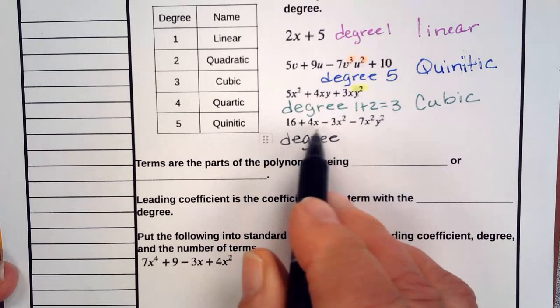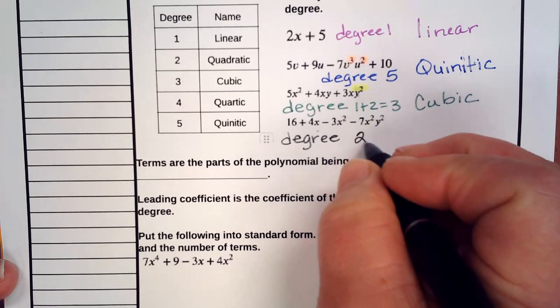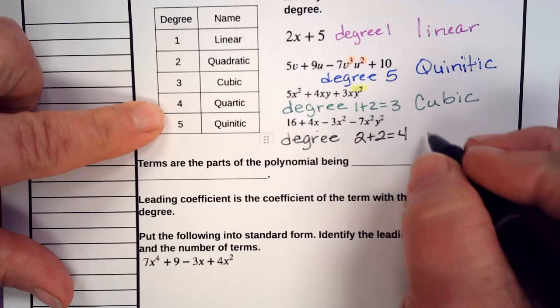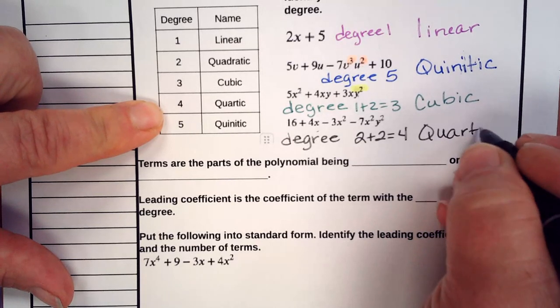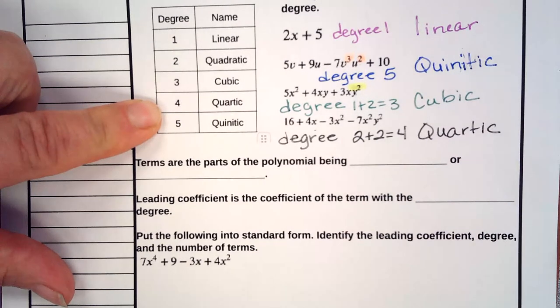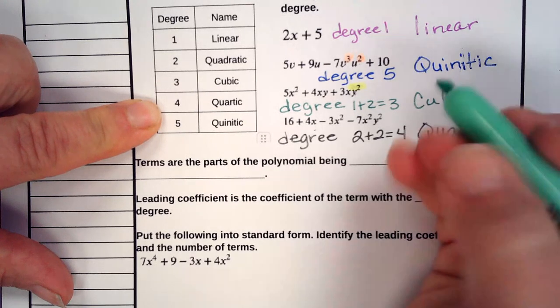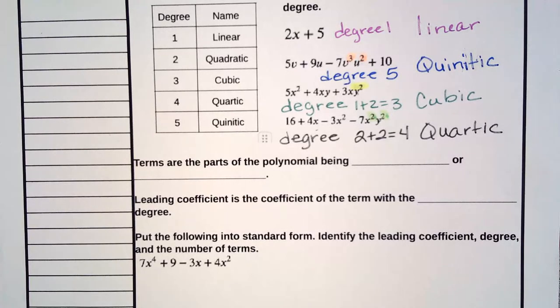Okay, if I look here, this is 1, this is 2, this is 2 plus 2, which is 4. 4 is quartic. Think of a quart jar. Okay, any questions?